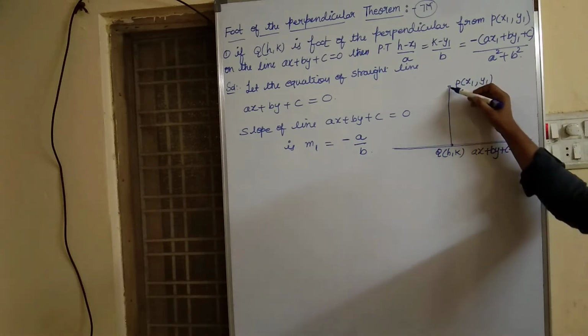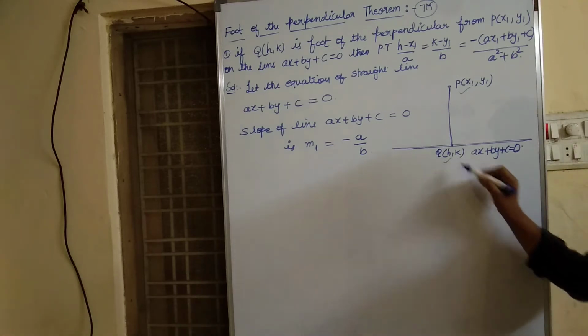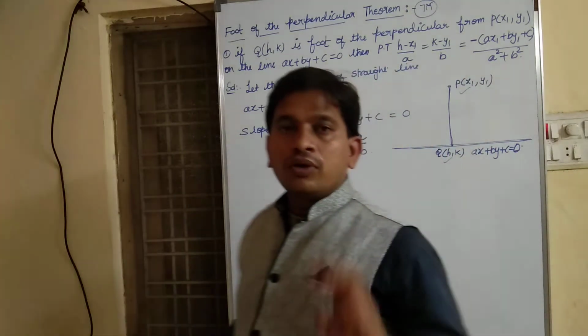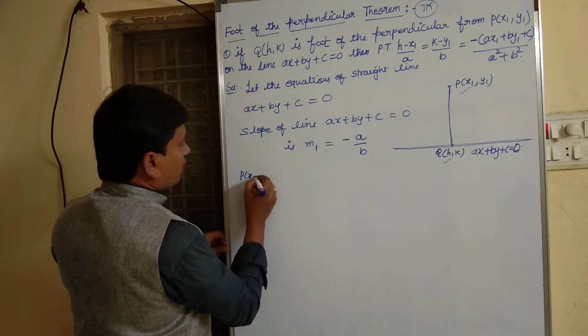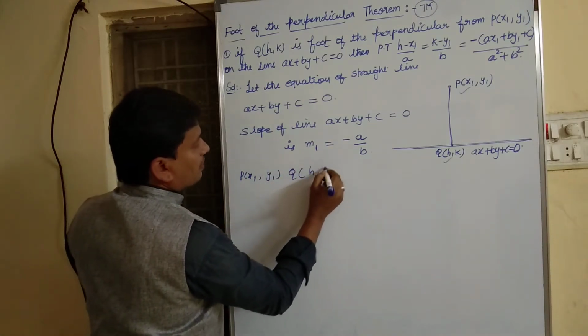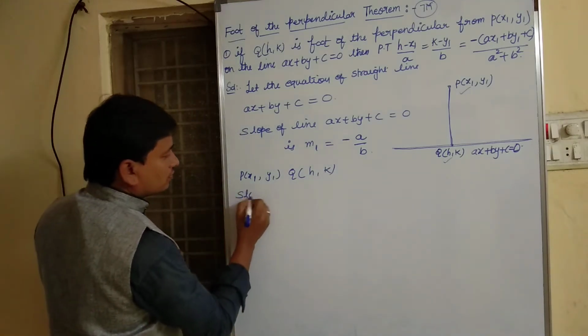Now we need to find the slope of the 2 points. One is P of x1 comma y1, the second one is Q of h comma k. So what is the slope? 2 points formula, right? Now let us find the slope of PQ.